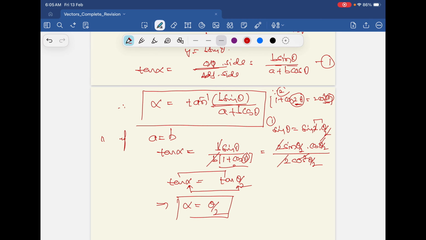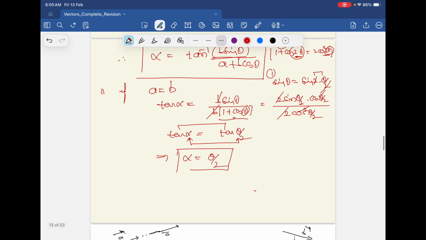So when two vectors are of equal magnitude, like this a bar and this b bar, parallelogram, again this is a, again this is b. This angle is theta, resultant is r. And this angle we made as alpha. Now what is the conclusion?